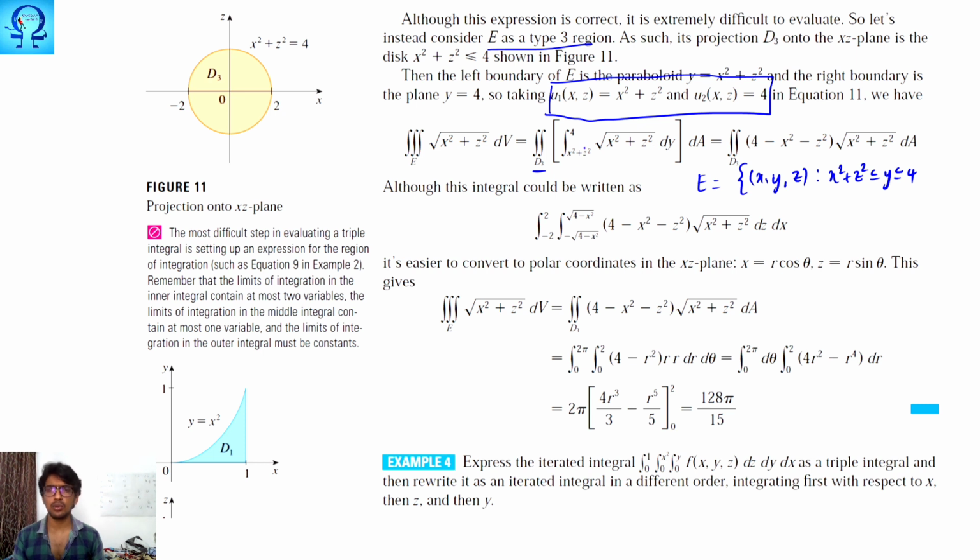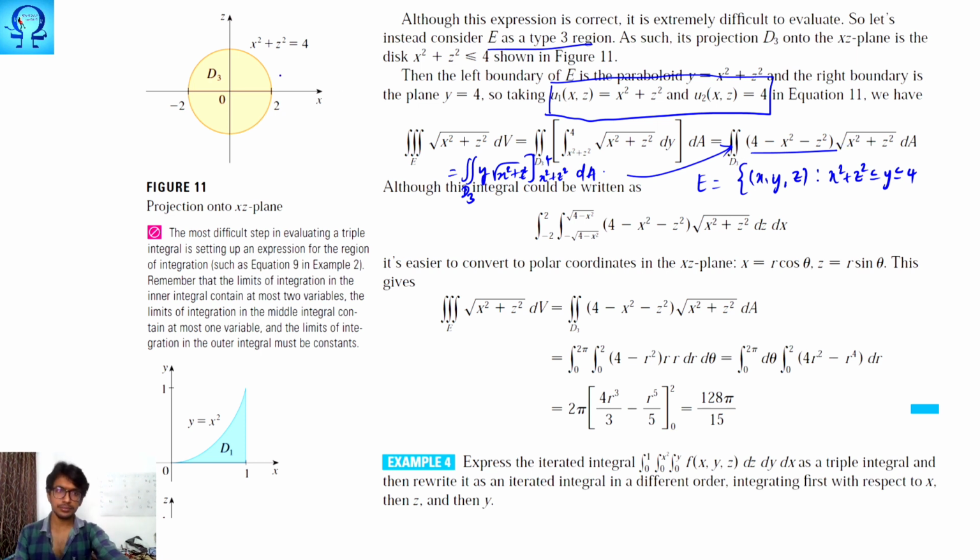Let me write here, double integral over D3 of y, square root of x square plus z square, over the limits x square plus z square to 4, and then dA. When you substitute it, it is going to be 4 minus x square minus z square. This is what you are going to get.